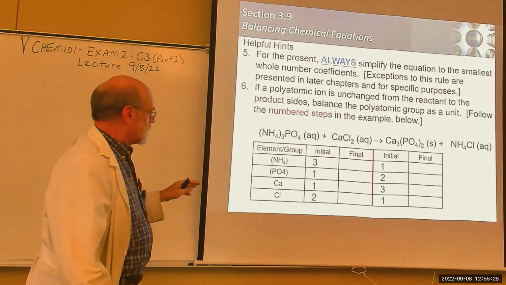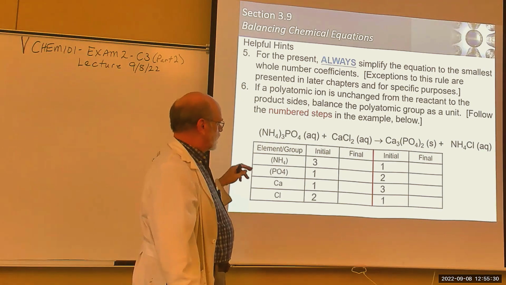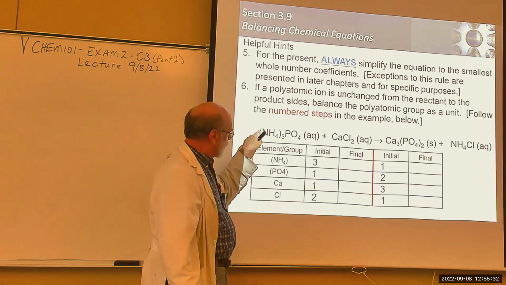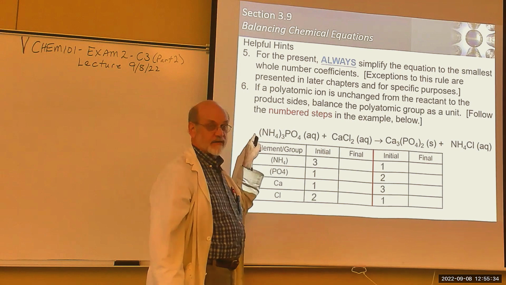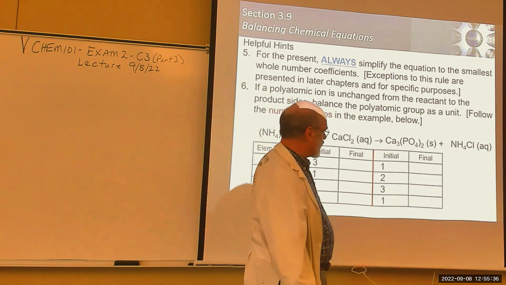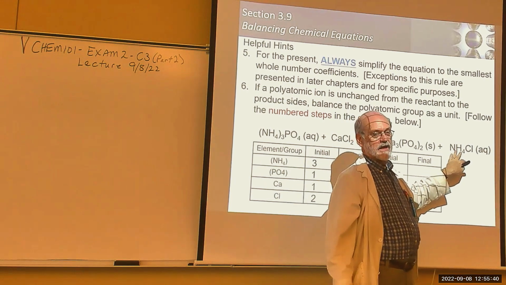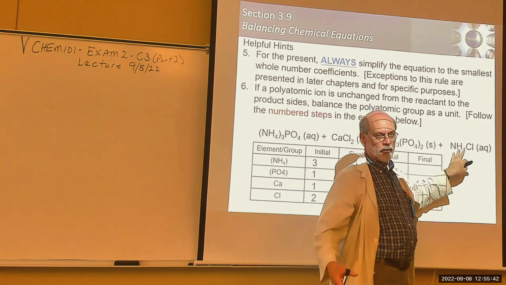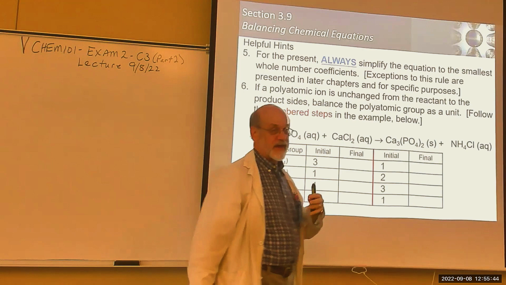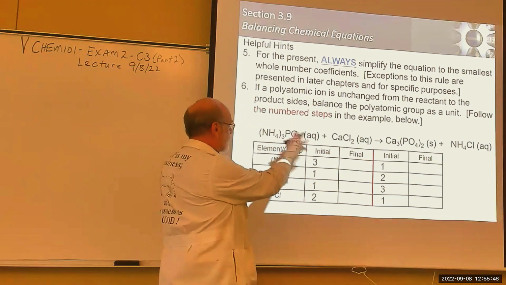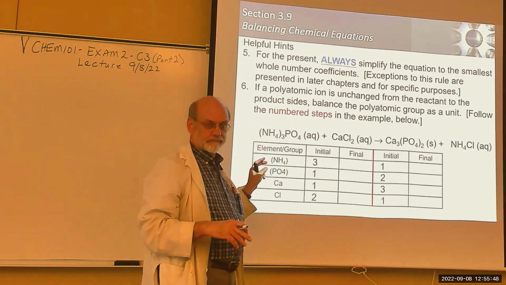Okay, so we have these and we've inventoried them. Notice that if you have a polyatomic ion on one side of the equation and it does not change, the same polyatomic on the other side, you can use that as a balancing group. That simplifies things a lot. You don't have to split it up into nitrogens and hydrogens.